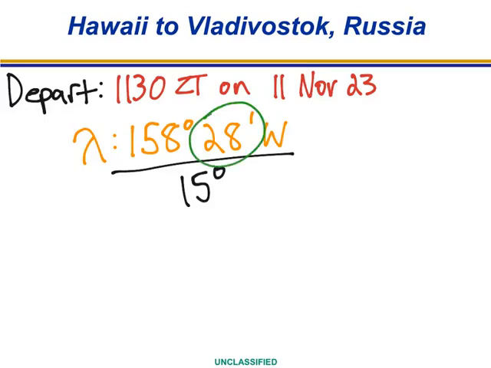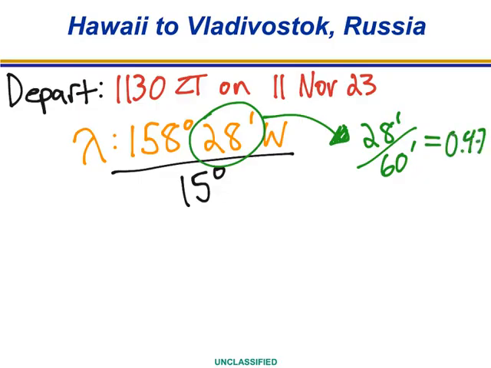Now, unfortunately, we can't put these minutes into a calculator, so what we're going to need to do first is convert those minutes to degrees. Let's do that over here. 28 minutes divided by 60 minutes, because each degree is made up of 60 minutes. And that gives us an answer, so we're going to plug it into our calculator, of 0.47 degrees.